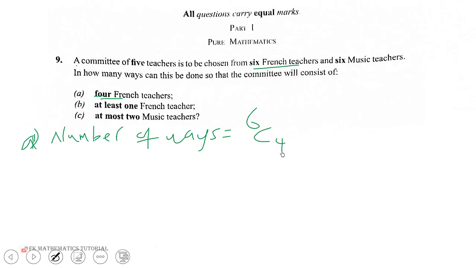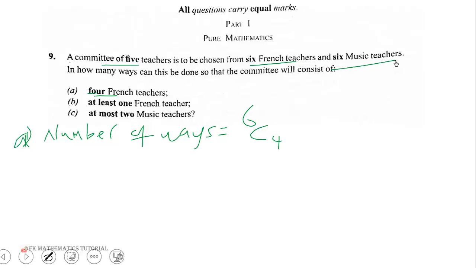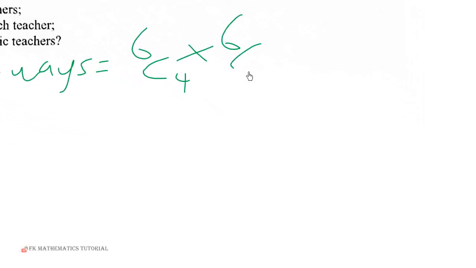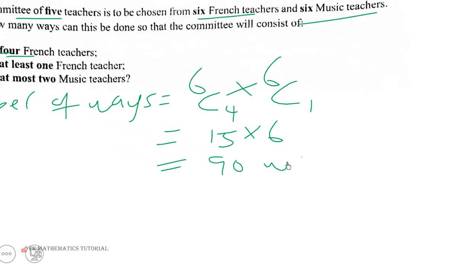But we are forming a committee of 5 teachers, so we are left with the other person. We must choose that one person from the 6 music teachers. So we have 6 combination 1. So this will give us 15 times 6, which is equal to 90 ways.